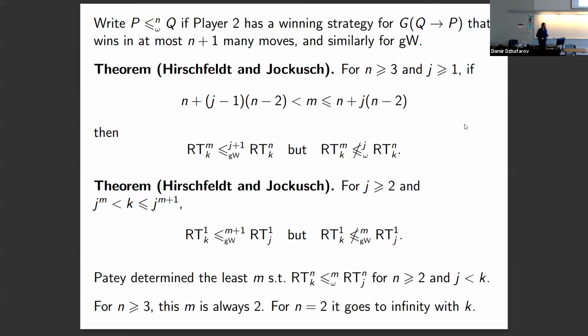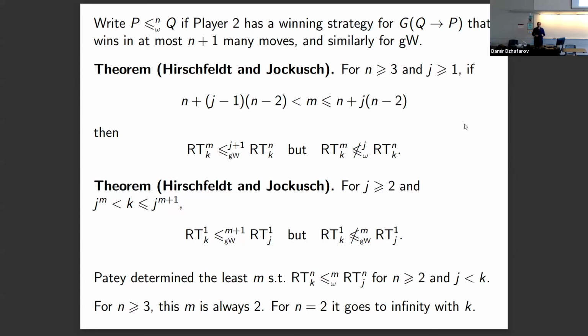Interestingly, and I don't have time to go into why, it changes. It has something to do with computability theoretic complexity here that Ludovic Patey determined the least M such that RTNK is reduced by RTNJ. So the same thing, but for n greater or equal to 2. And for n equals 2, it does go to infinity, but in this really complicated way.